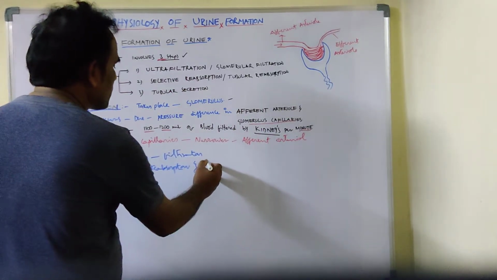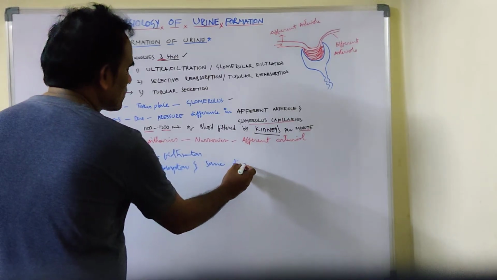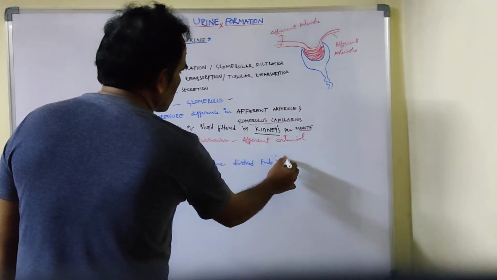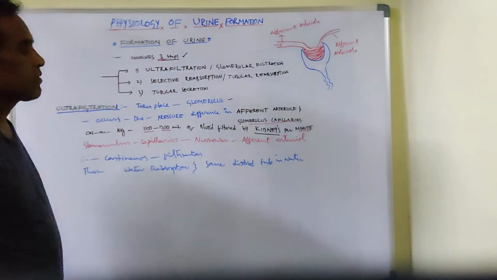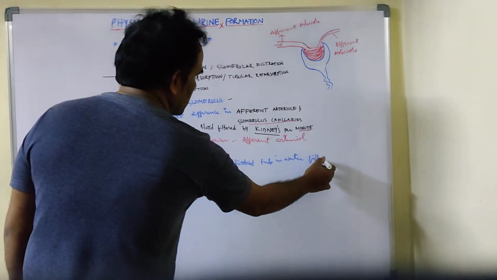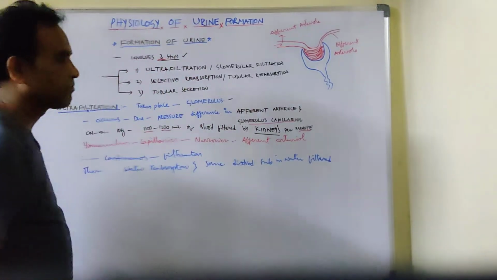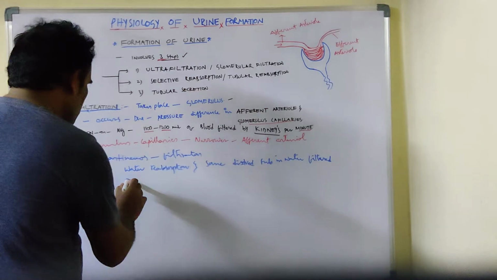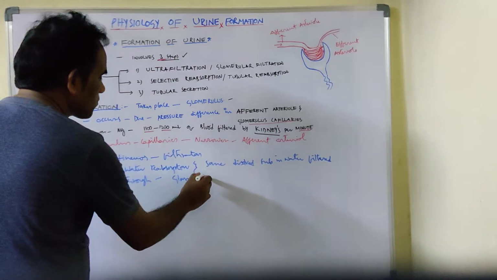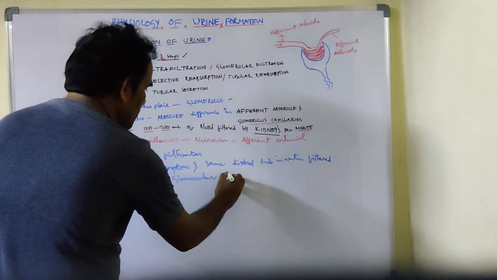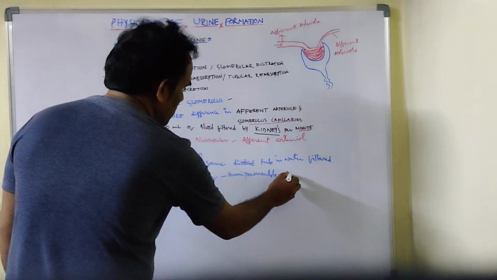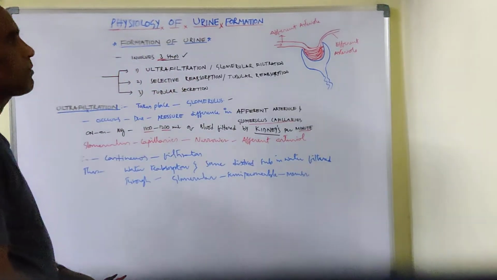They are filtered through the semi-permeable glomerular membrane.